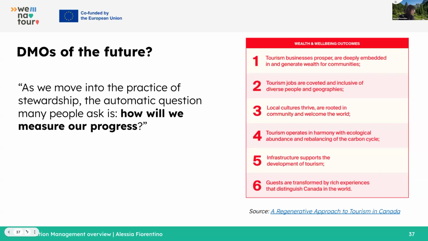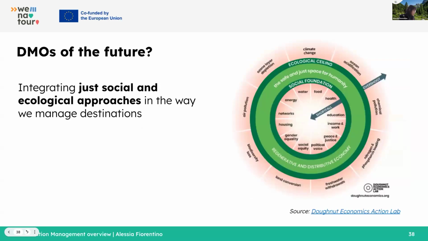Next one, which is almost the last one. Okay, so I'm sure you're familiar with this, which is the donut economic model. This is not specific to tourism, but this is just a thinking point for me to show how DMOs are starting to think, and should increasingly be thinking, about issues of social justice, for instance, or climate justice.